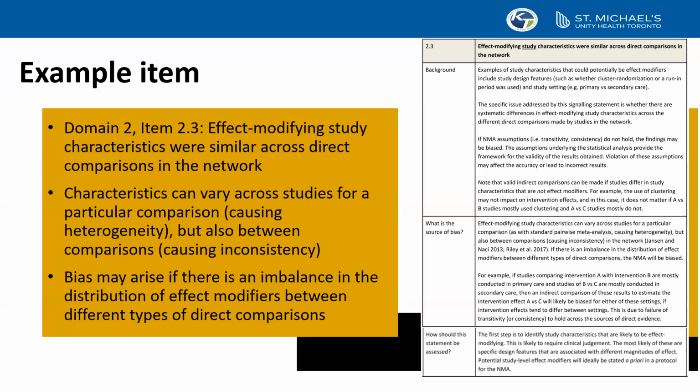If there's an imbalance in the distribution of effect modifiers between different types of direct comparisons, the NMA will be biased. For example, if studies comparing intervention A with intervention B are mostly conducted in primary care, and studies of B and C are mostly conducted in secondary care, then there'll be an indirect comparison of these results to estimate the intervention effect of A versus C, and this will likely be biased for either of these settings, if the intervention effects systematically differ between settings.